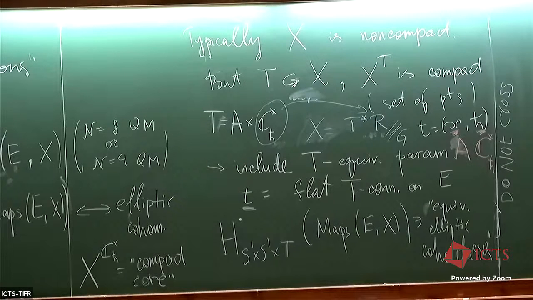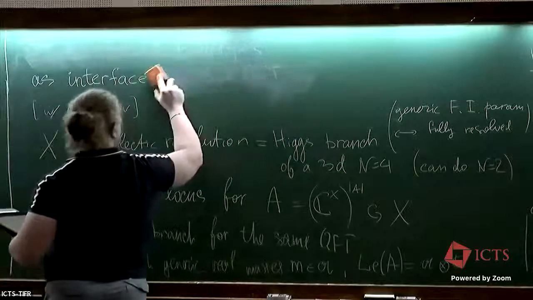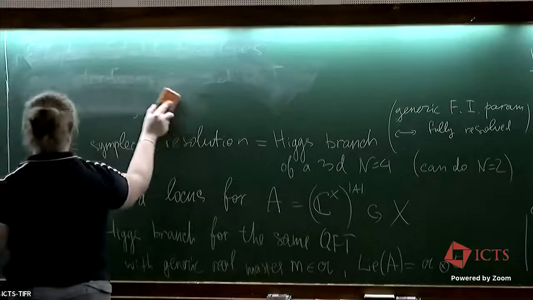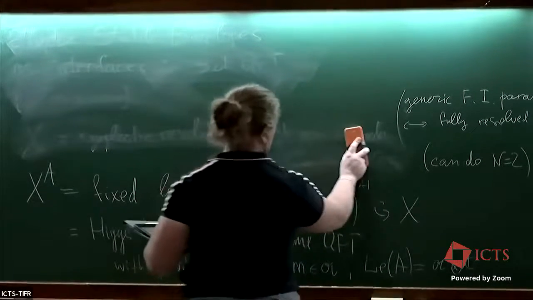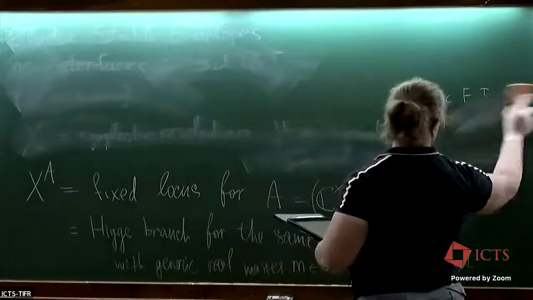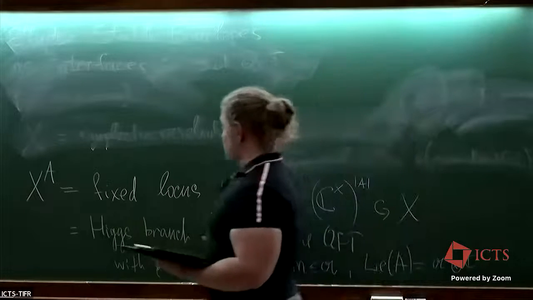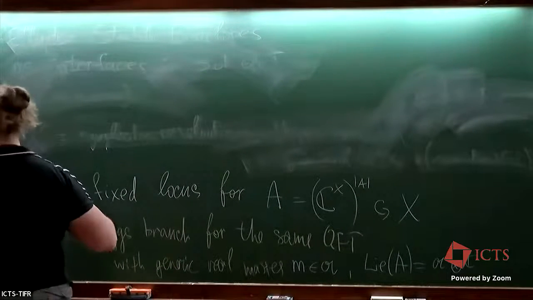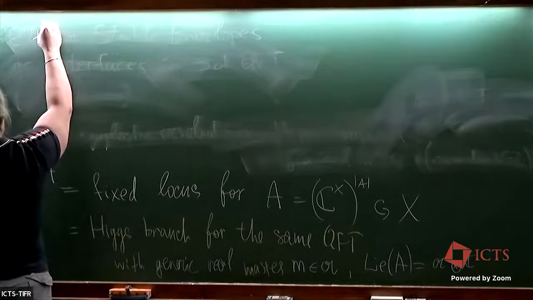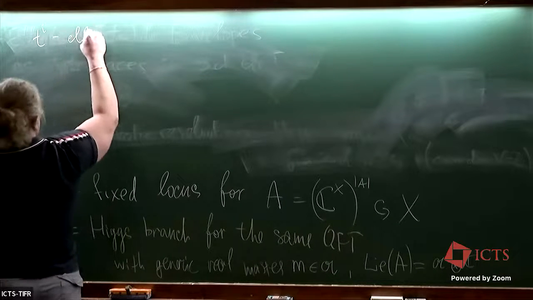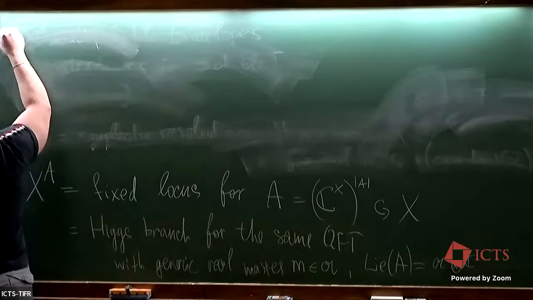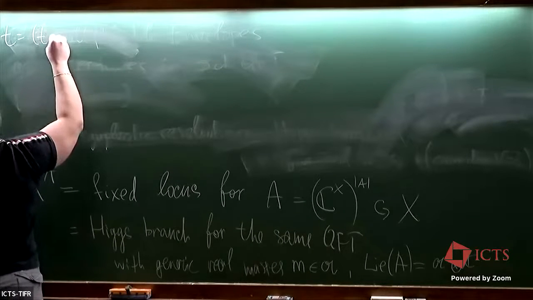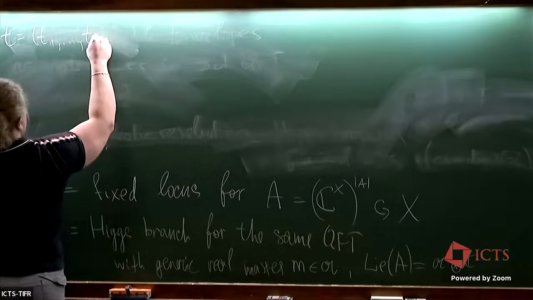So as I said, this T are equivariant, elliptic equivariant parameters. They are realized as flat connections for the torus T on the elliptic curve E. Let's say there are n of them.